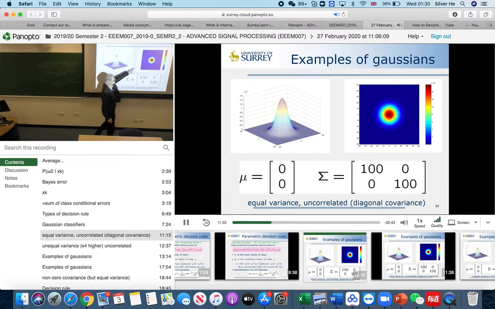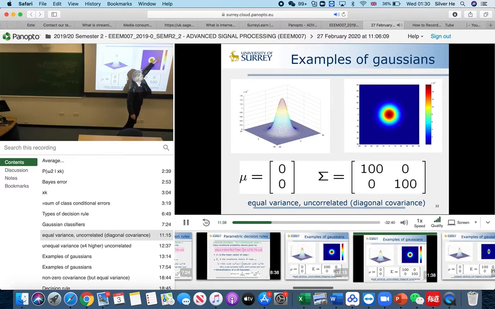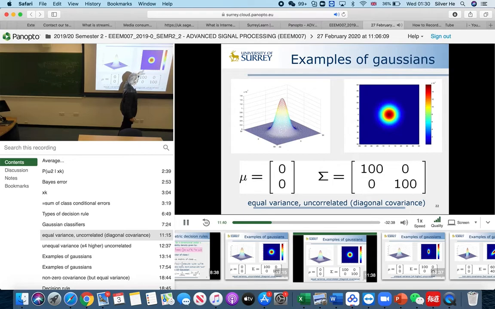We're also drawing this in MATLAB with a color map, where dark blue is near 0 probability density, and the hot point in the middle is the red points. That gives us that view from above. And here we've got a covariance matrix of 100 by 100, and that tells us roughly how widely spread this is. Now in this case, the covariance matrix is diagonal, with zeros off the diagonal.